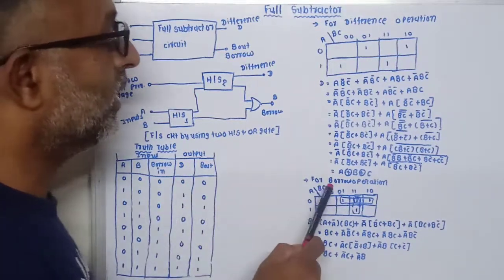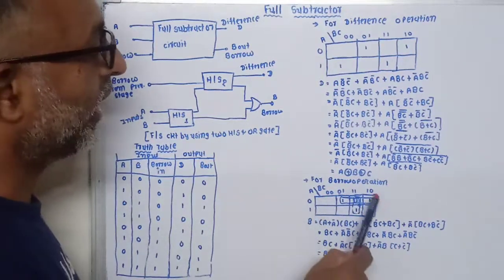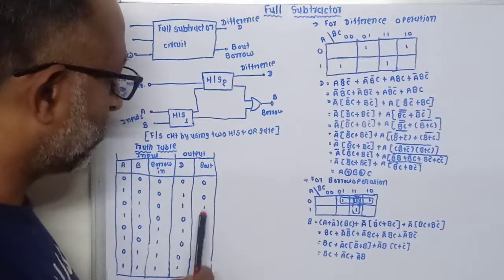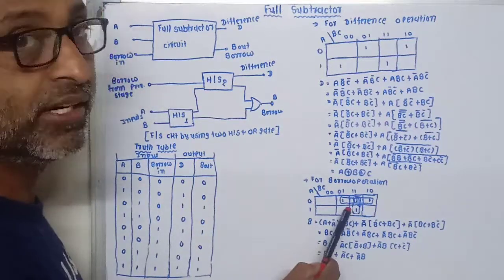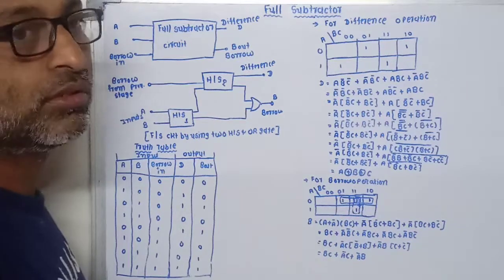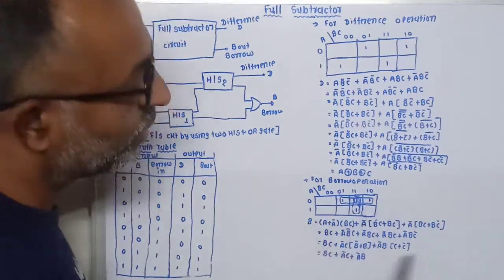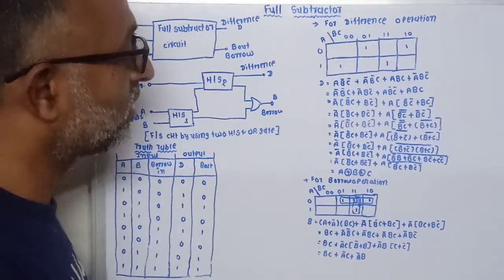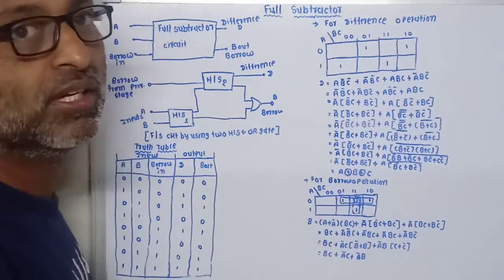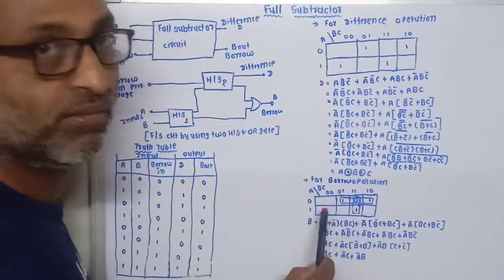Now similarly for the borrow operation, we are also using a K-map and putting the values in this bracket. So you can say that here 1, 1, 1, 1. Now to reduce the Boolean expression or complication, we are making groups, and the rule is you can make groups of adjacent ones.